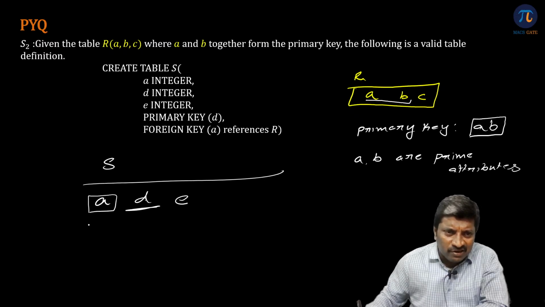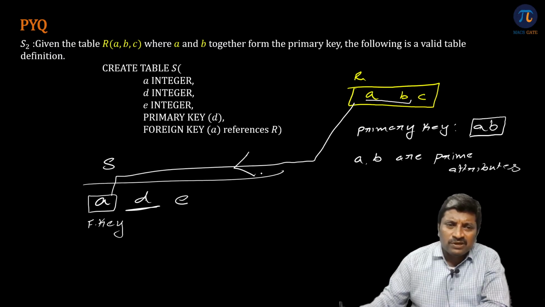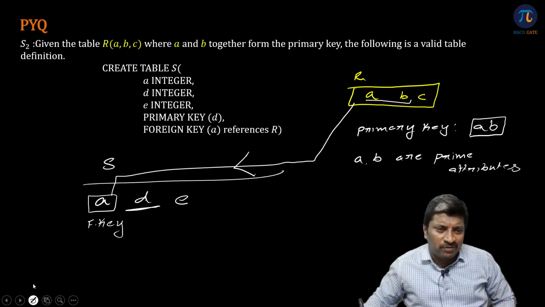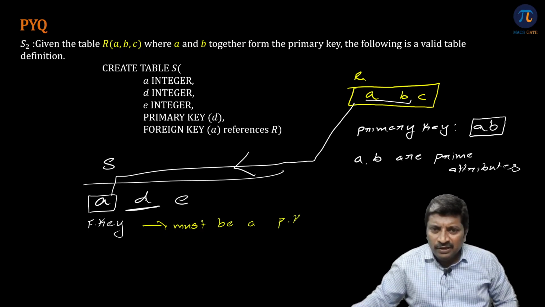Now this is the foreign key, sir. Of course, they are using foreign key. So this refers to this table. Okay, but a foreign key must be a primary key in the parent table.